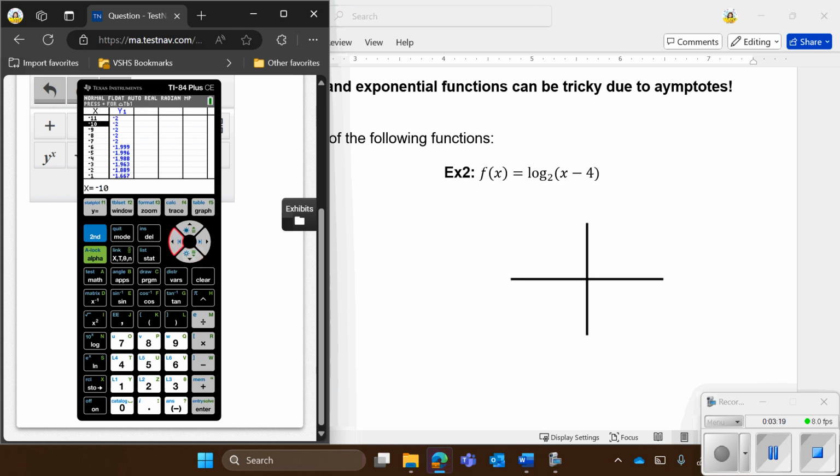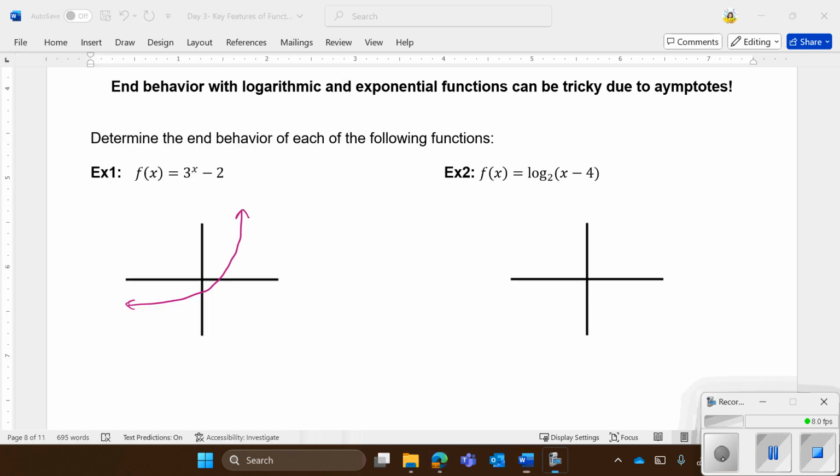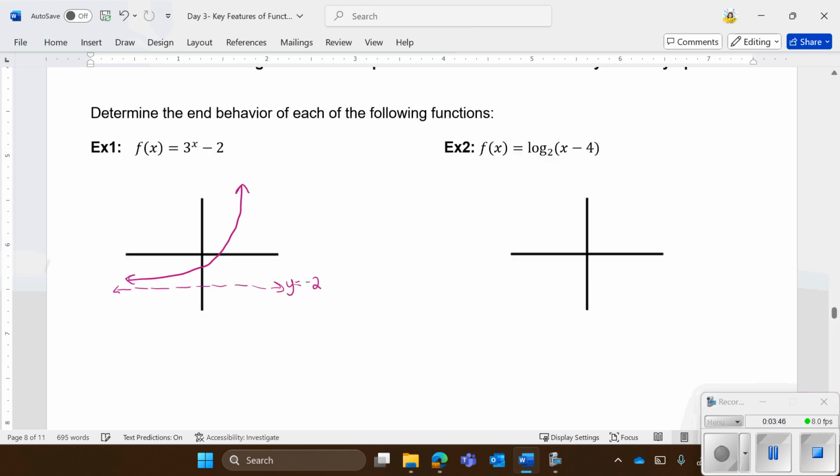But this does tell you what your asymptote is. Remember, you don't actually touch the asymptote. It's just that we're getting super duper close. You'll see -1.99999999. You're so close to -2, the calculator tells you that. So now you know that this asymptote that you are approaching is at y equals -2.